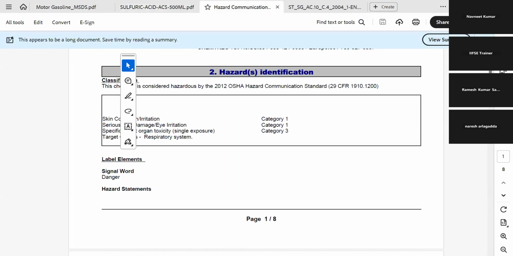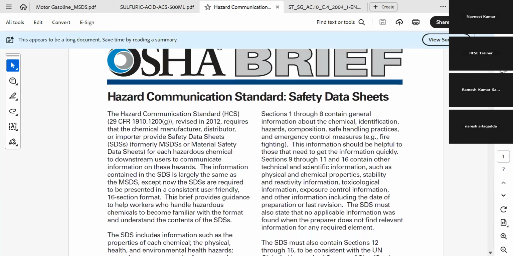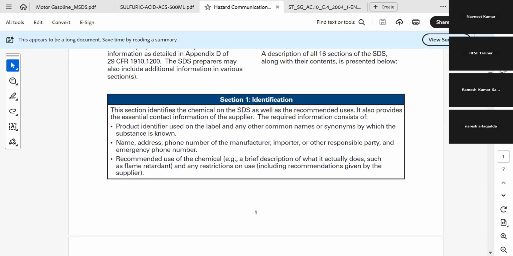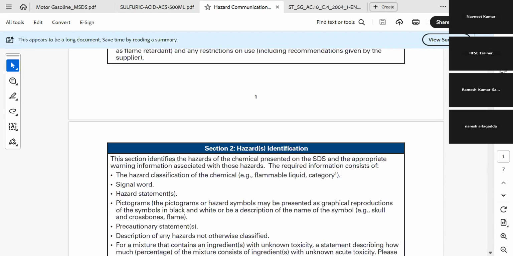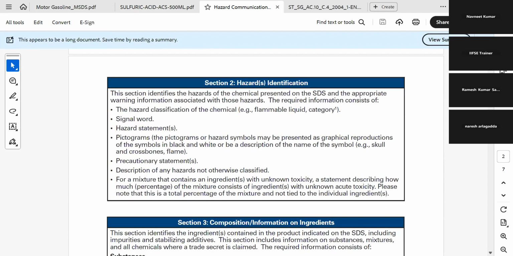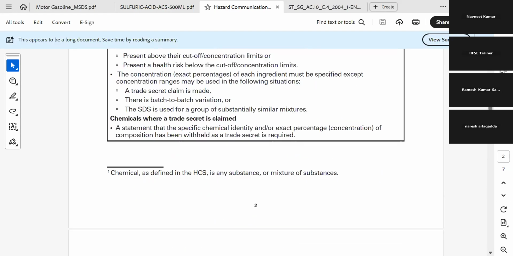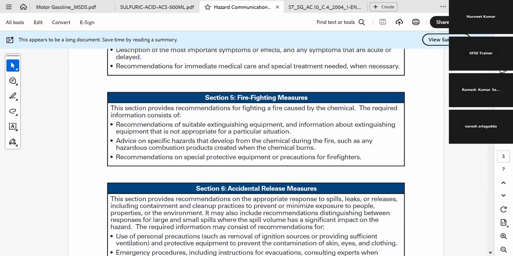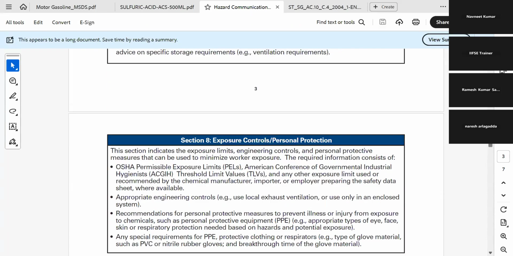If you see OSHA, they have clearly given the sections. I'm sure that you are identifying. First section is identification of the product. Second is hazard identification, then composition information. Then fourth is first aid measures. Fifth section is firefighting measures. Then accidental release is sixth. And seventh is handling and storage of the material.